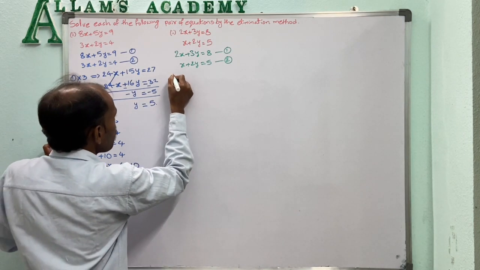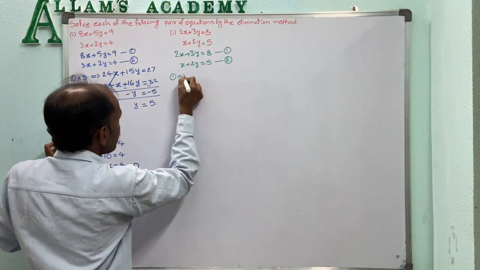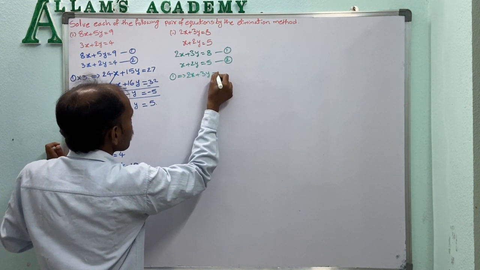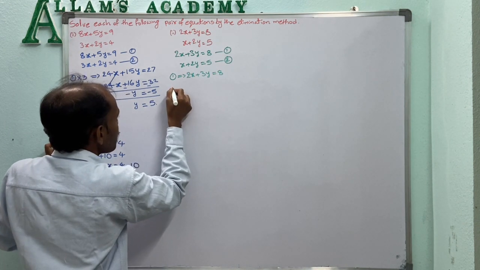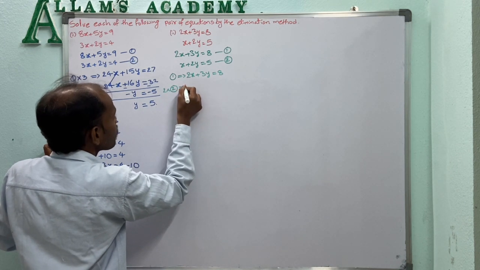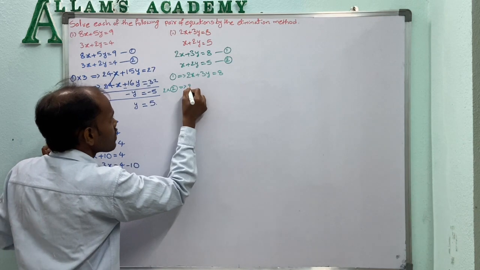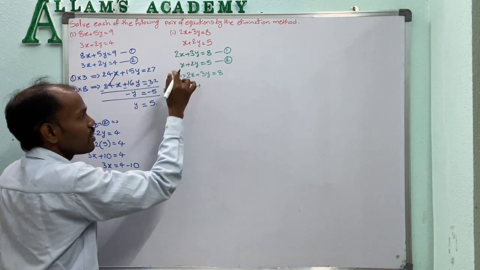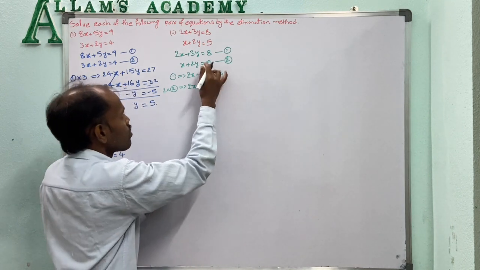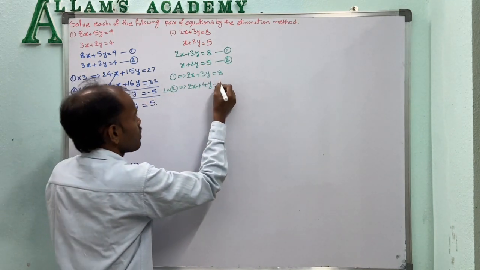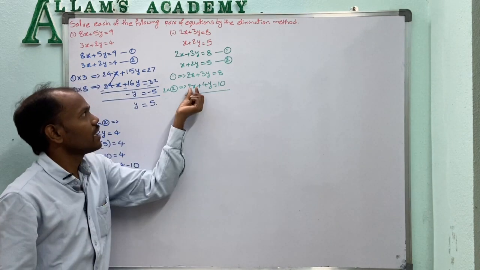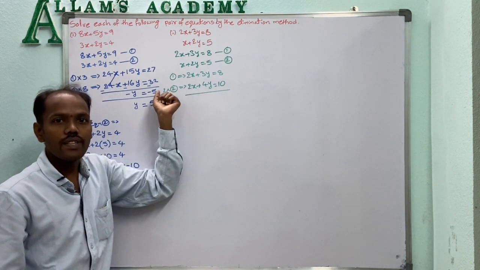So now the first equation I directly write as 2x plus 3y equal to 8. And the second equation is multiplied with 2. Now 2 into x, 2x plus 2 into 2, 4y equal to 2 into 5, that is nothing but 10. Now here the 2x coefficients are equal.